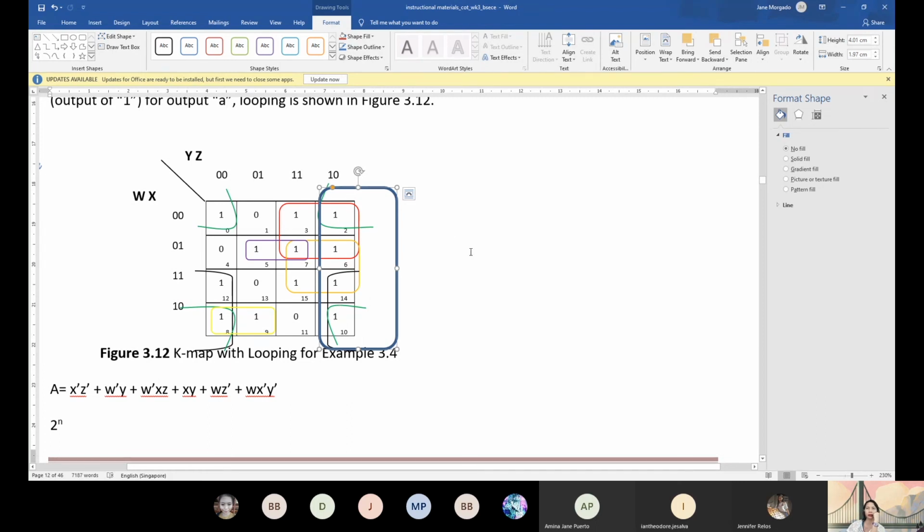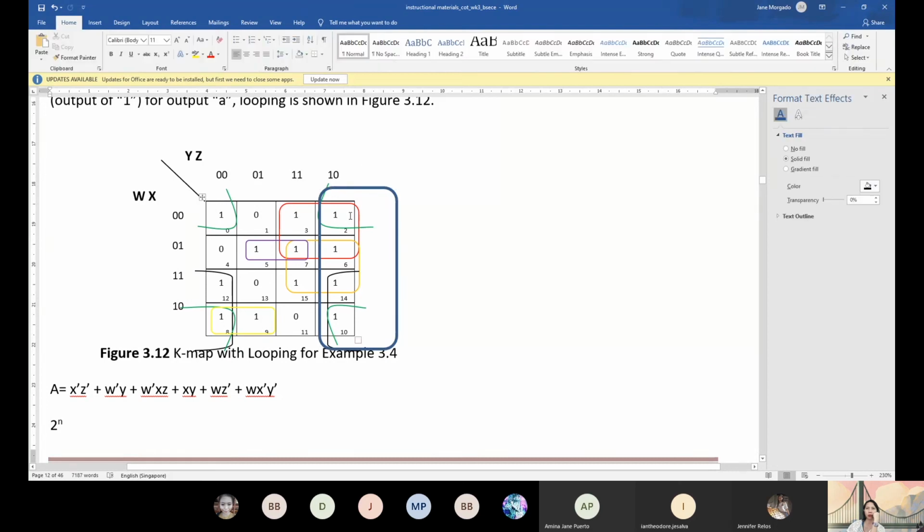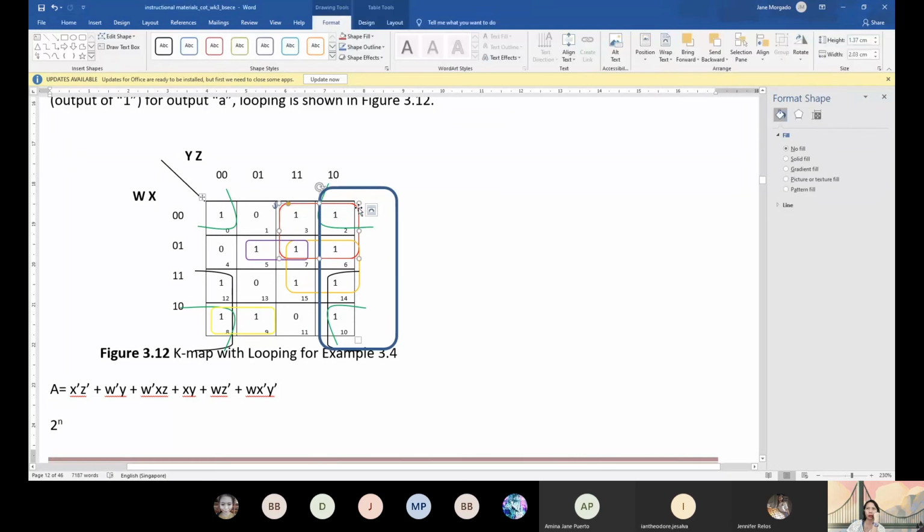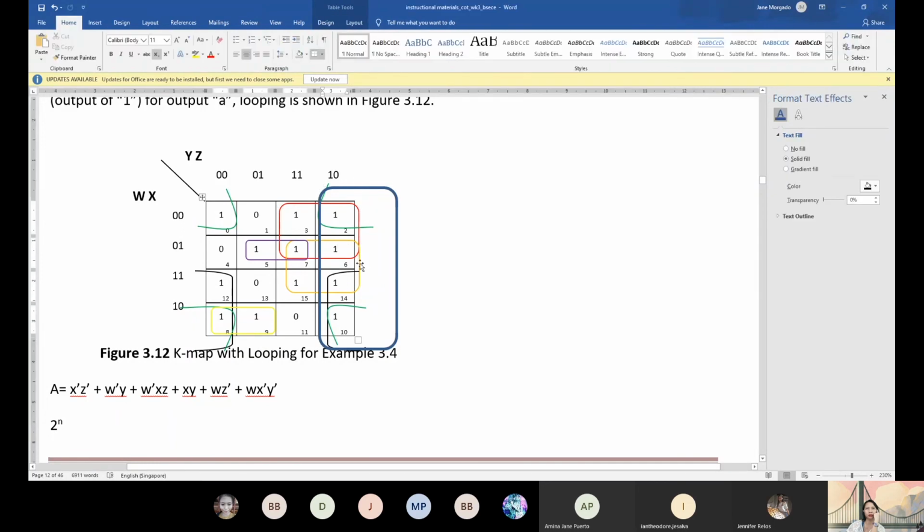But min term 2 already belongs to a red loop. Min term 6 belongs to red and orange. For 14, we have the black and the orange loop, and 10 is the green loop.